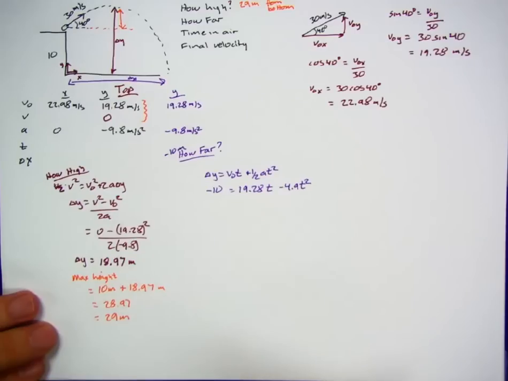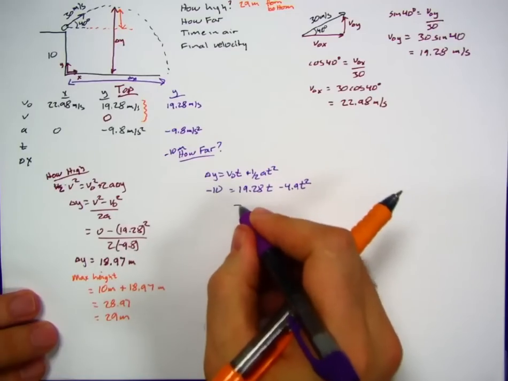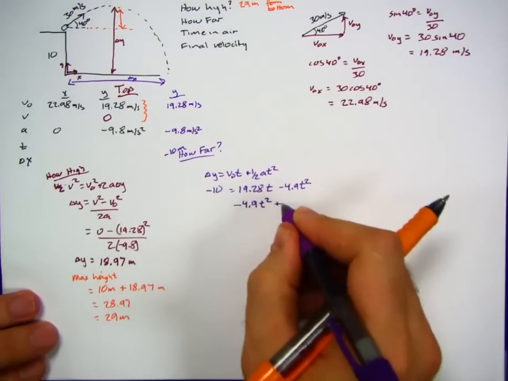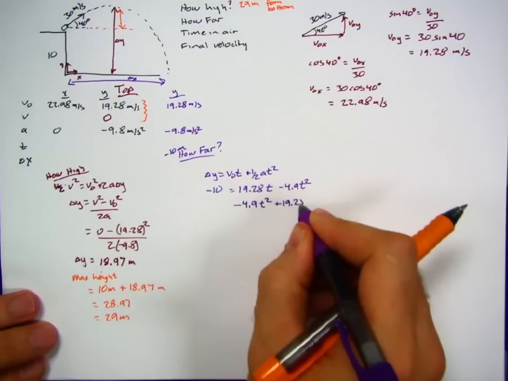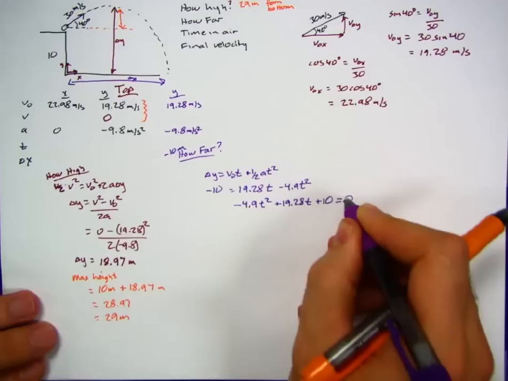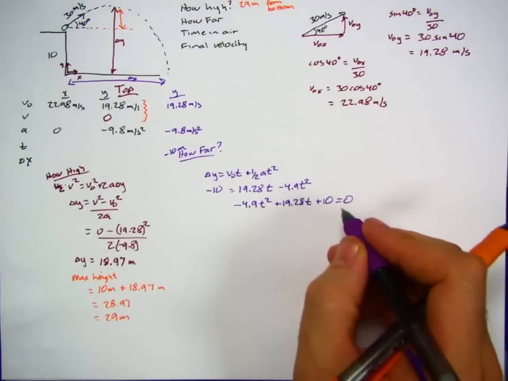And now we notice that we have a quadratic equation, and we hope that we have the quadratic in our calculator. Minus 4.9t squared plus 19.28t plus 10 equals 0.